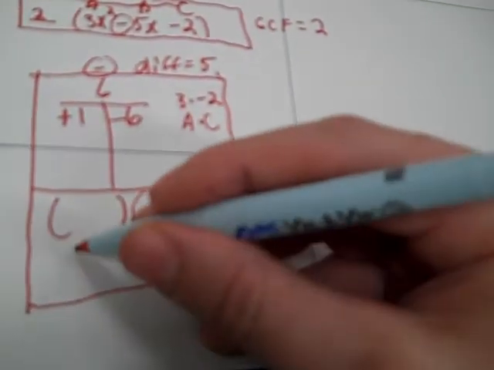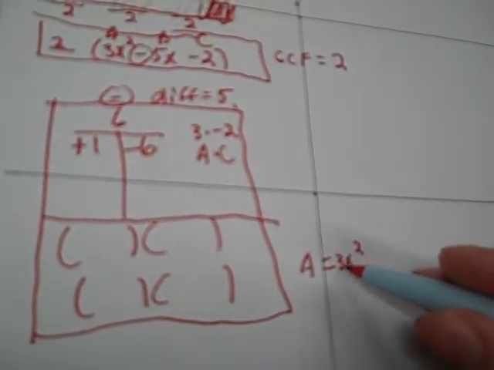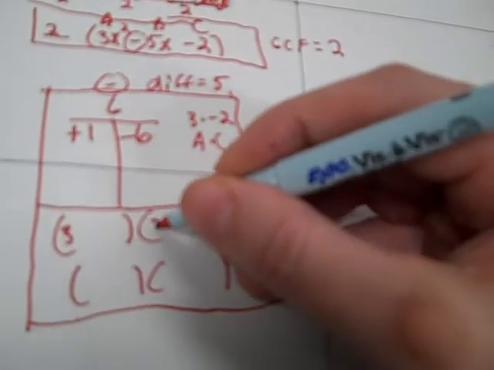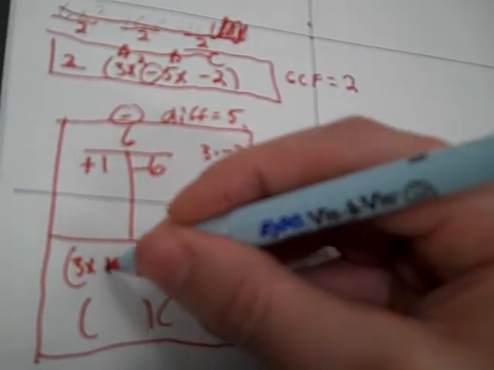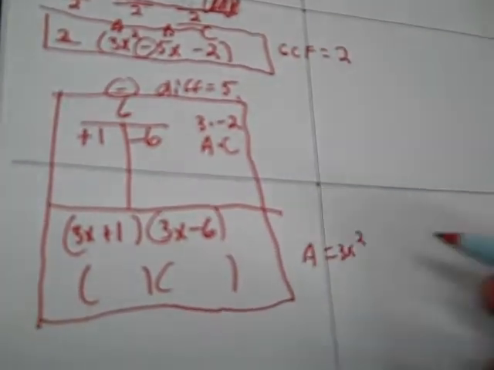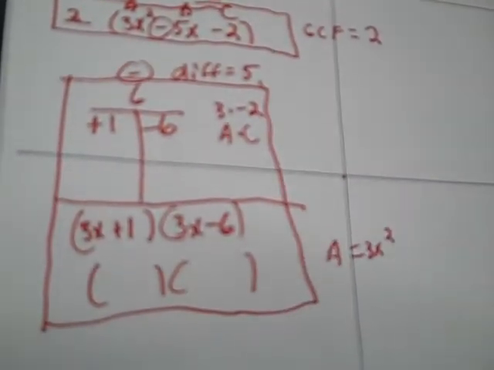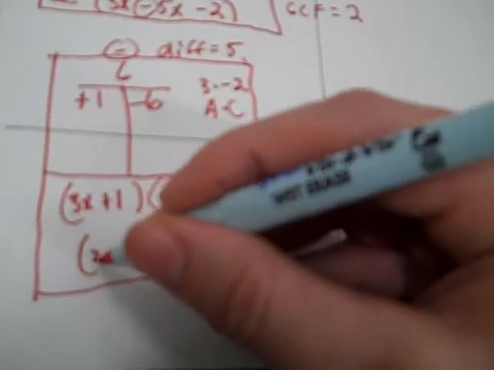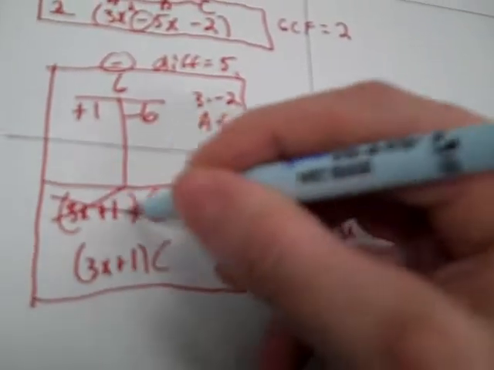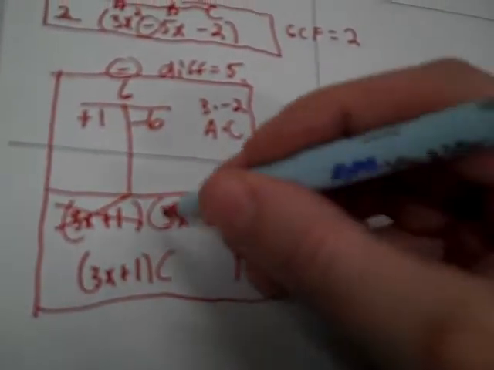So I make 2 parentheses, and all you do is lead off with the 3x, x squared, xx, then plus 1 minus 6. Okay, so 3 and 1, the GCF calculator, that's not going to work. Well, it works. It just says it's 1, so you can't really do anything with that. 3 comma 6, it's 3.